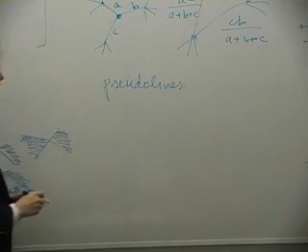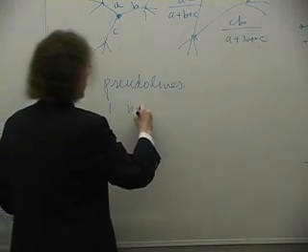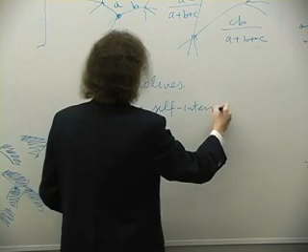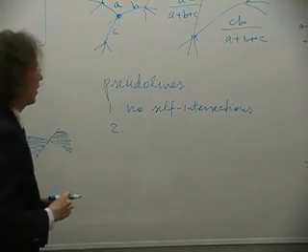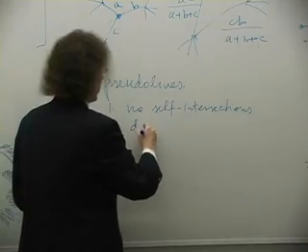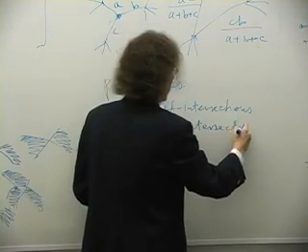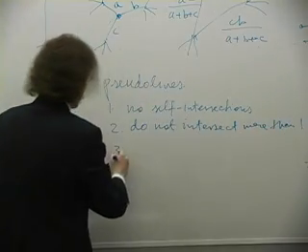And pseudolines are curves, but at the same time they behave like lines in the following way. They have no self-intersections, and they do not intersect more than once. And there are no closed curves.